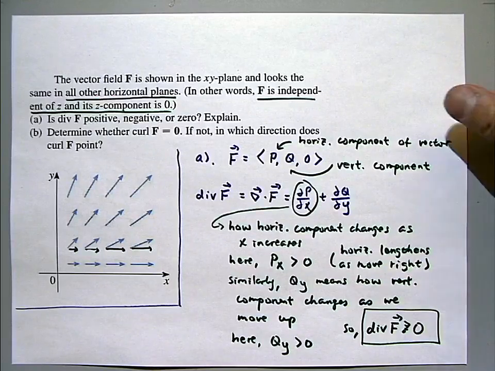The second question wants us to answer about the curl. Now remember, curl is an indication of rotation. Do you see any rotation in that field? If that's water, will you see a whirlpool anywhere? No, right? There's no rotation.